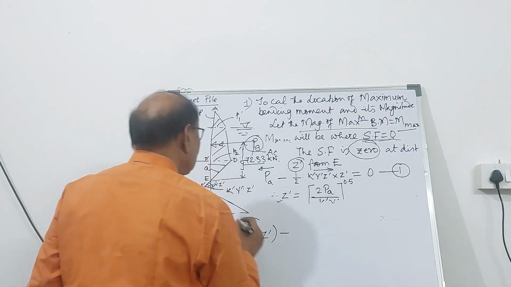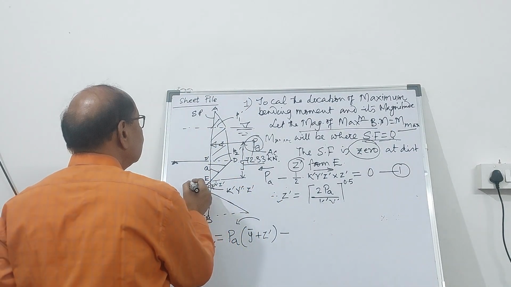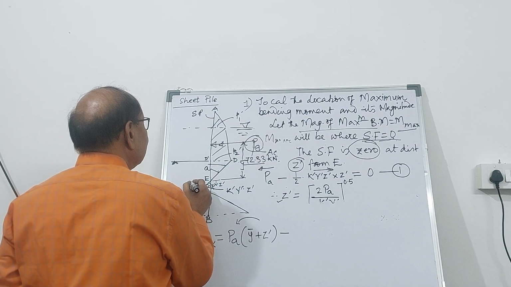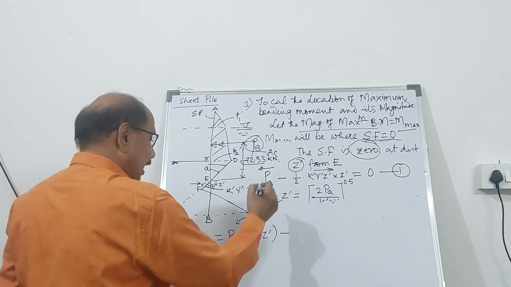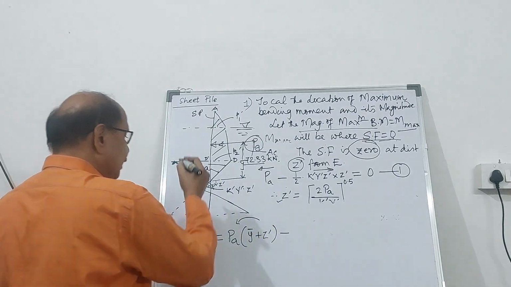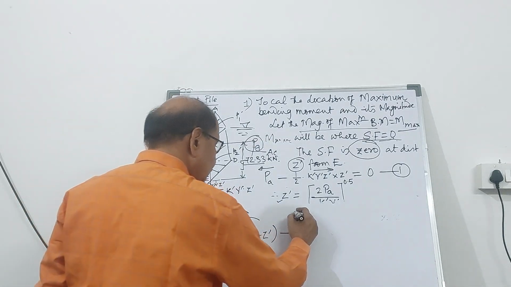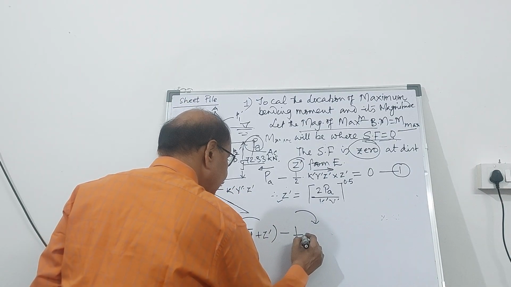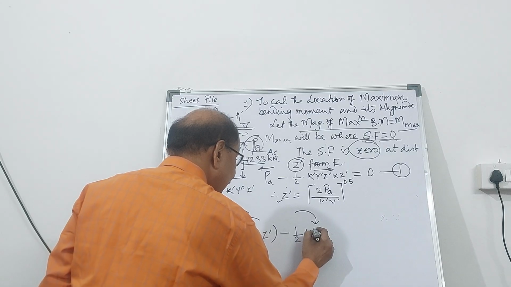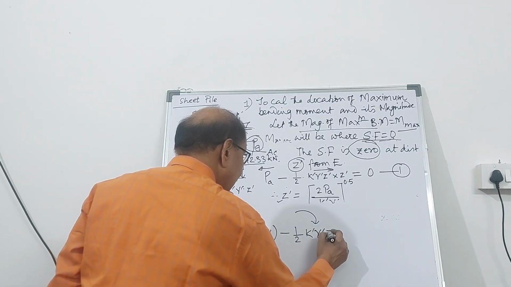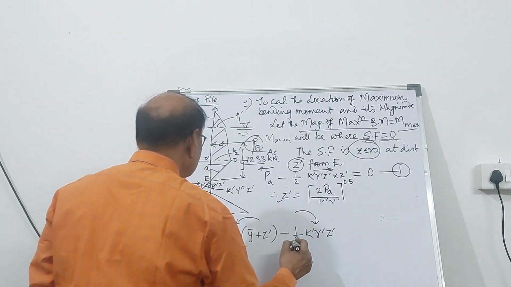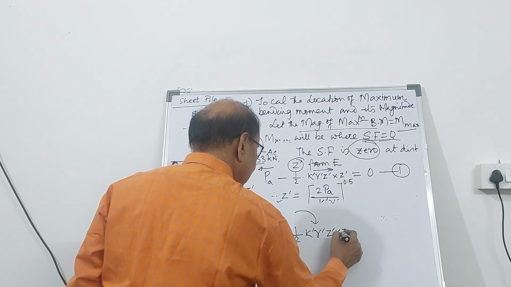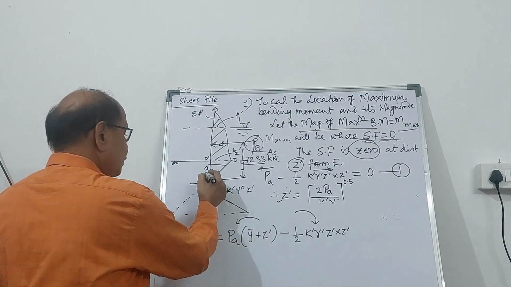So this will constitute the forces, you can find it out, which will be acting this way, and therefore it will constitute a clockwise moment, and it will be equal to half K prime gamma prime Z prime into Z prime, this distance.